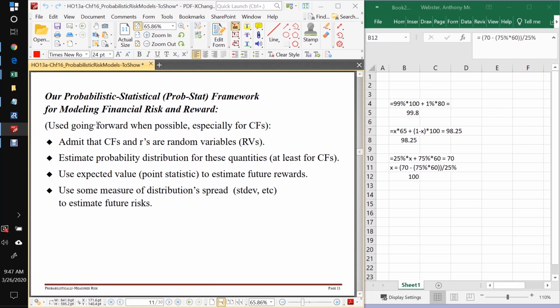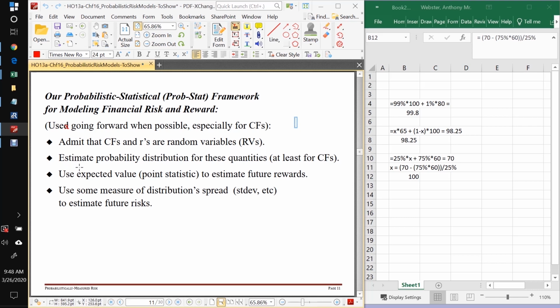Our framework for modeling financial risk and reward that we're going to use going forward when possible, especially for our cash flows, is like this. We're going to admit that our cash flows and our discount rates are random variables.